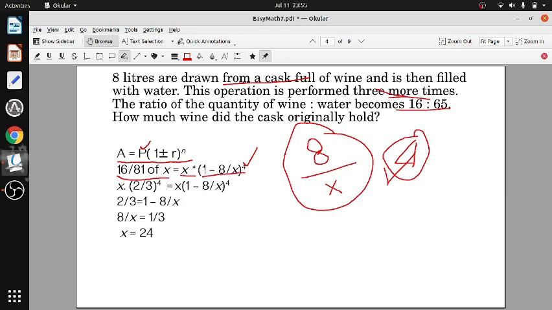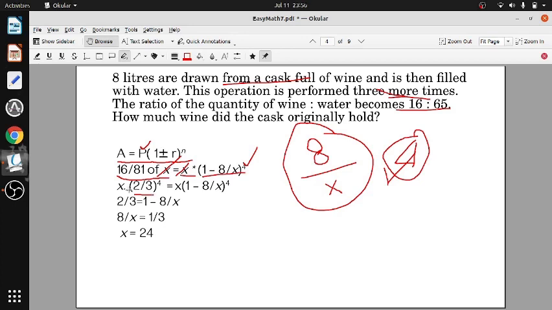In order to equate it, first of all, cancel X and X. And since this is power 4, we also write it as power 4. Instead of writing 16 by 81, we write it as 2 by 3 whole power 4. 2 power 4 is 16, 3 power 4 is 81.